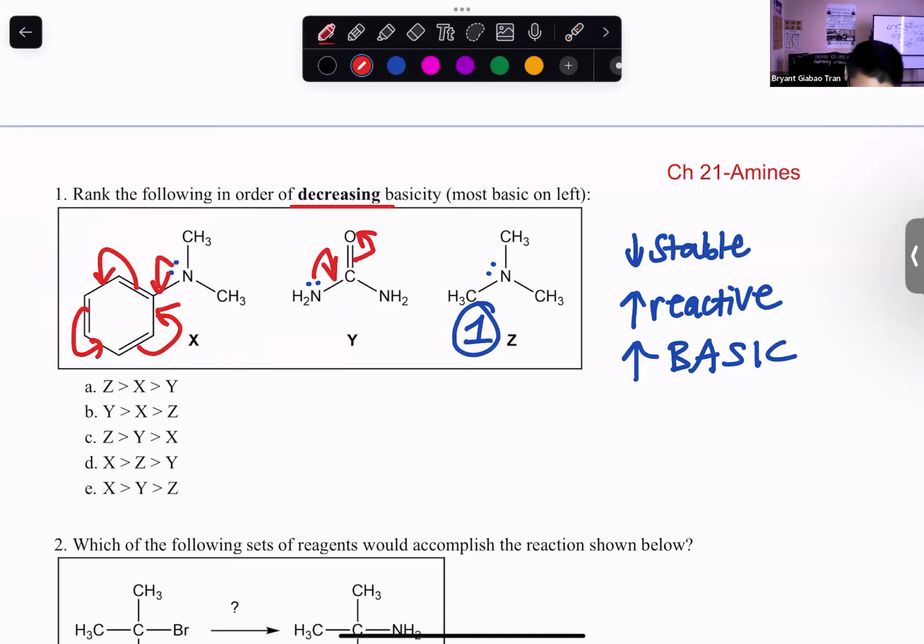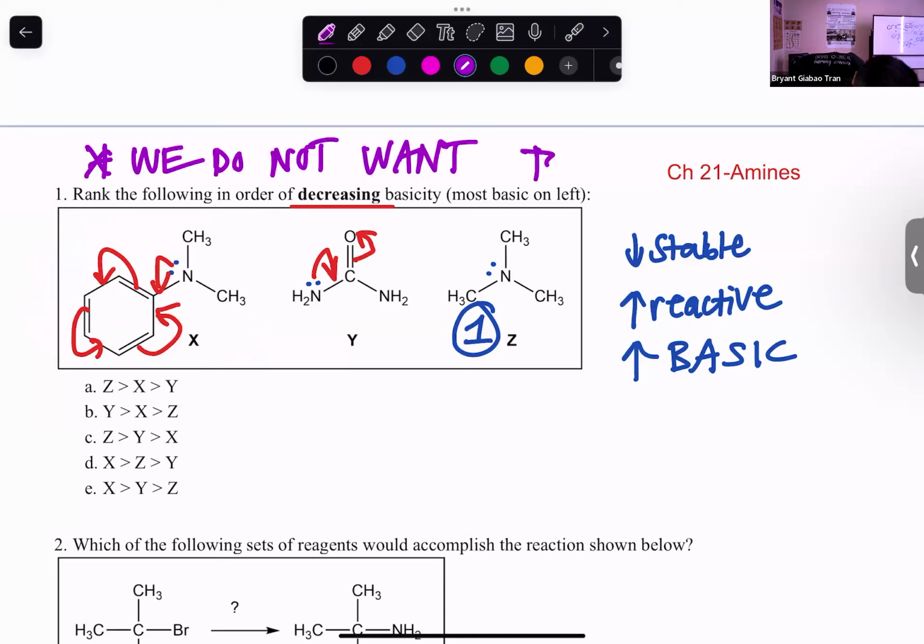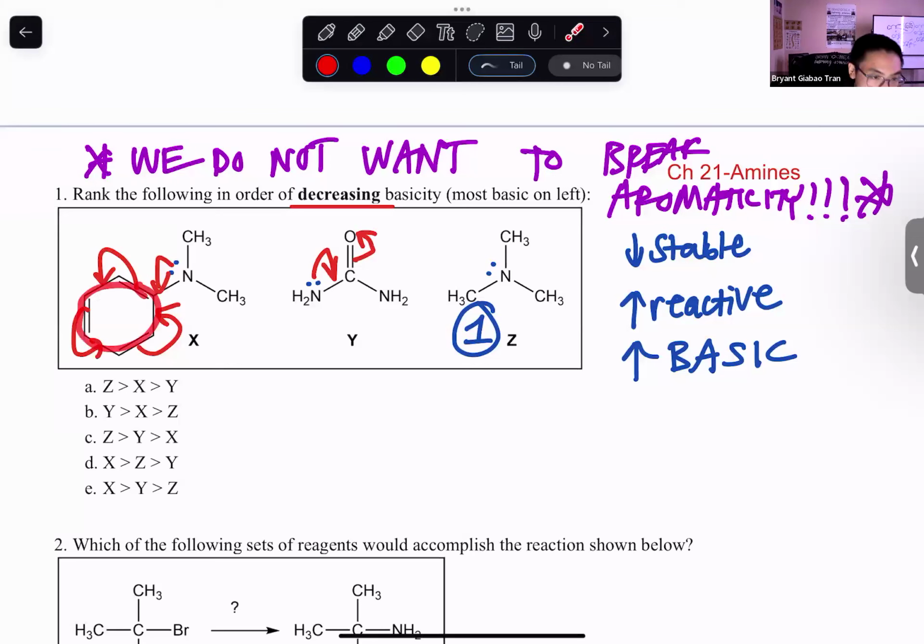But the tricky concept here to keep in mind is that we do not want to break aromaticity. Right. So this benzene here doesn't really want to do resonance with the pair of electrons on this nitrogen, right?